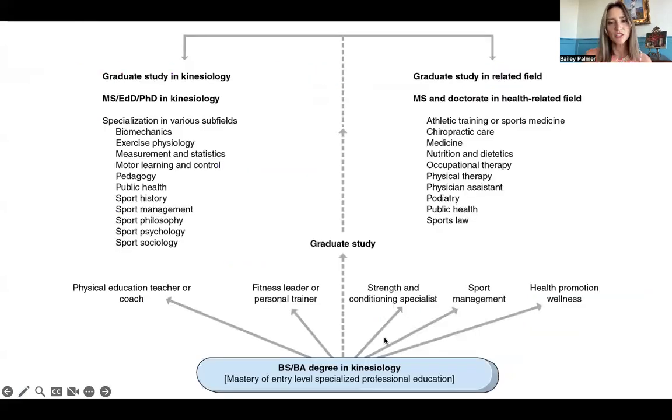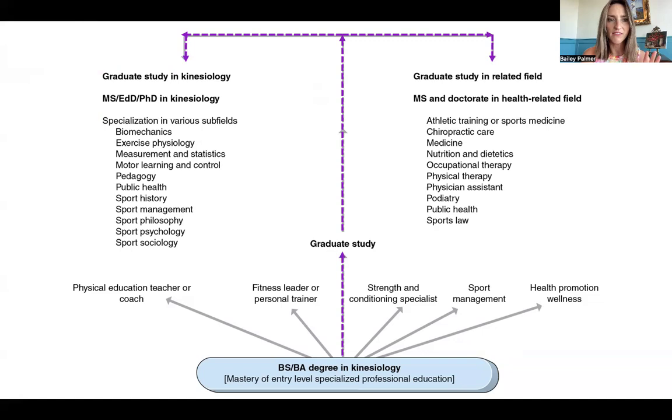Next I want to just touch briefly on when you get your Bachelor's of Science degree in kinesiology, this is kind of your base. If you look here at my little animations, we see that this bachelor's degree in kinesiology is a starting point. And in order to be successful in this field, usually you have to do some sort of graduate study.